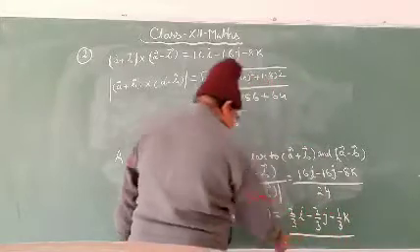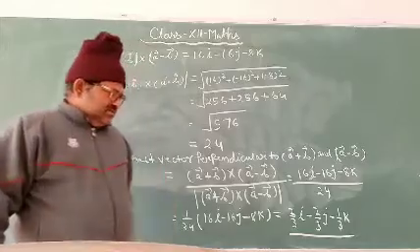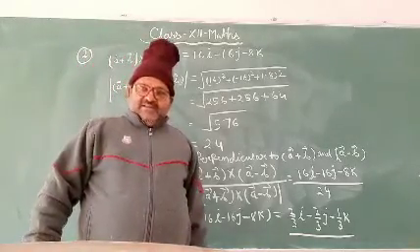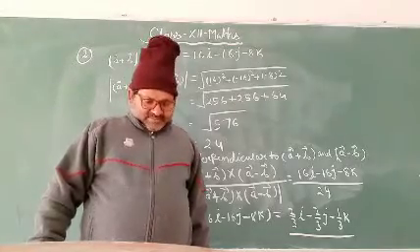This is the unit vector perpendicular to the vector A plus B and vector A minus vector B. Clear?